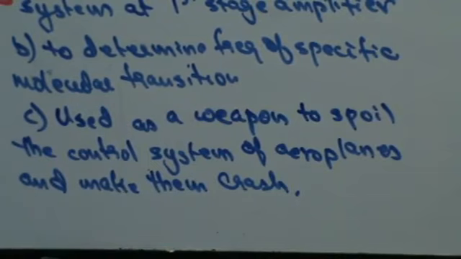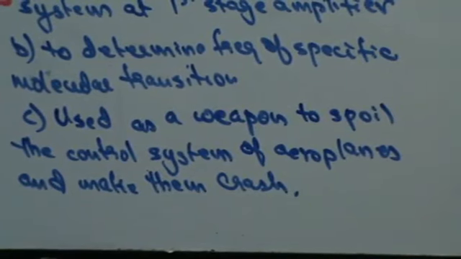Then a maser can also be used as a weapon system which can be used to bombard humans and which produces dysfunctionality of the brain. If a maser is bombarded onto your brain, it could be totally damaged. Right? The brain automatically stops working once a maser is bombarded onto it. Right?